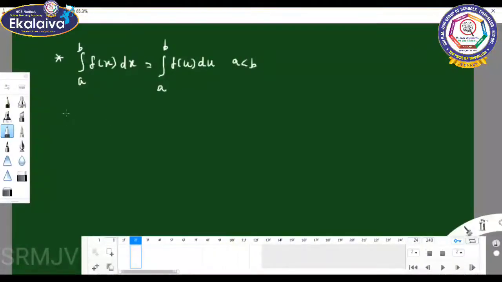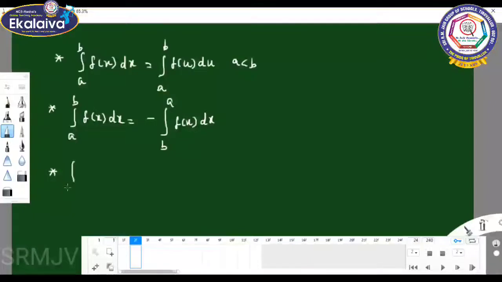Second property: integral a to b f of x dx equals, if you want to change the limit, you can put a minus sign, integral b to a f of x dx. No need of proof, you can go through the property alone.